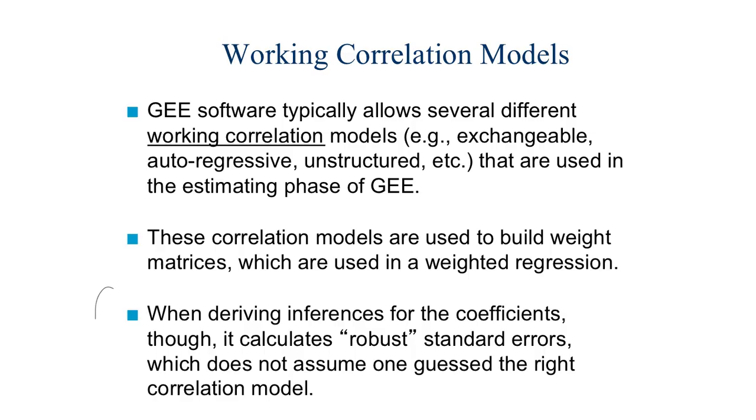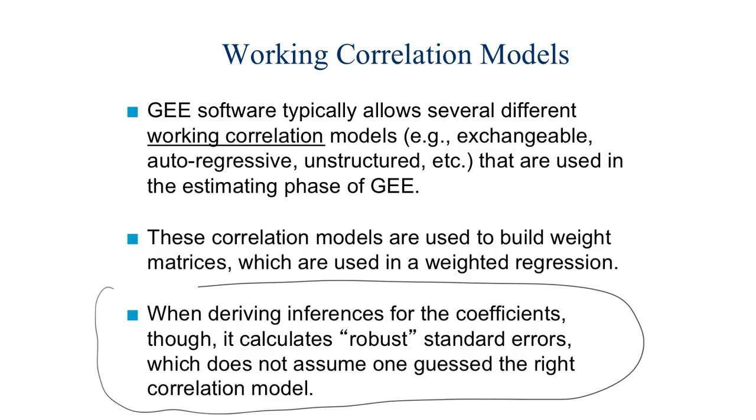And so that's what I'm saying here. At the end, you get a robust standard error that isn't based on assuming that the working correlation you specified to get your estimates of the coefficients is true. It redoes it. So it reduces some bias in the estimate of the standard errors, because it's not based on any particular model.